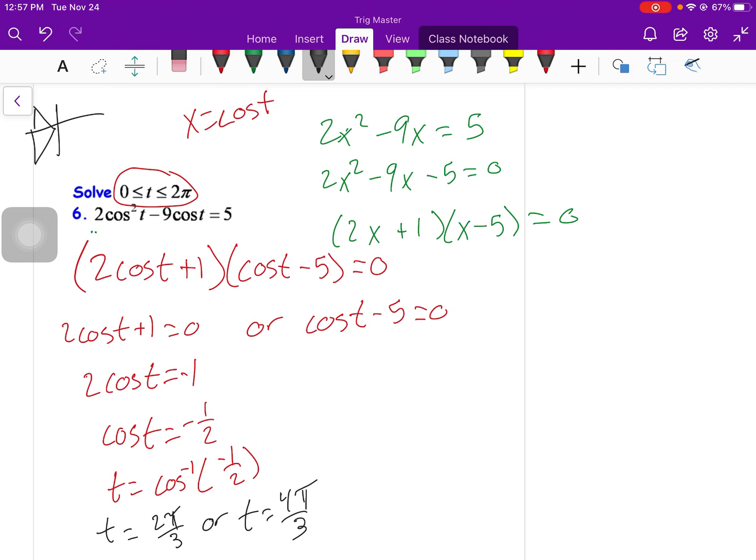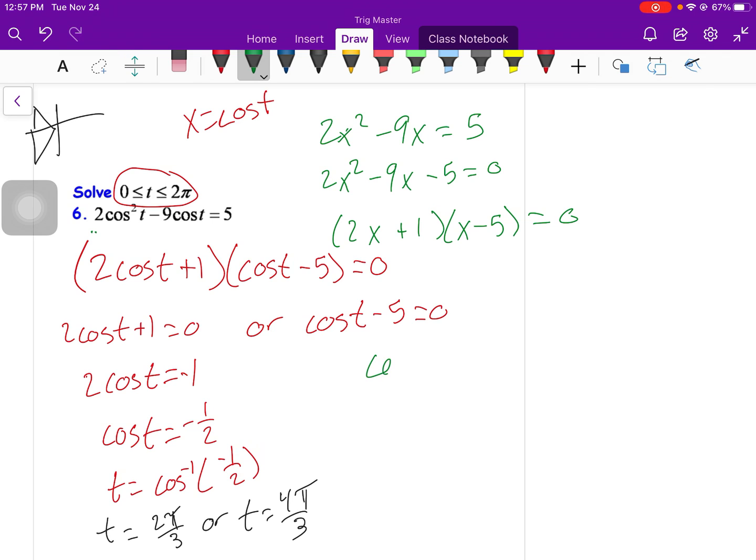We're in radians, that's why I'm using radian measurement. And I know that that's going to be the case because my reference angle of pi over 3 tells me cosine would be 1/2. Cosine of pi over 3 is 1/2. But I took away from pi over 3. That's my reference angle. That's how I get 2 pi over 3. Or I added another pi over 3. That's how I get 4 pi over 3.